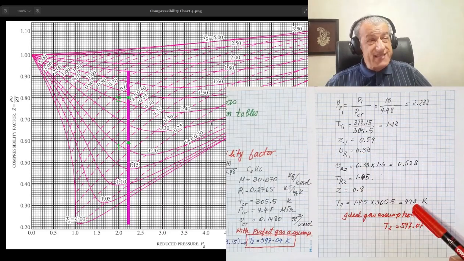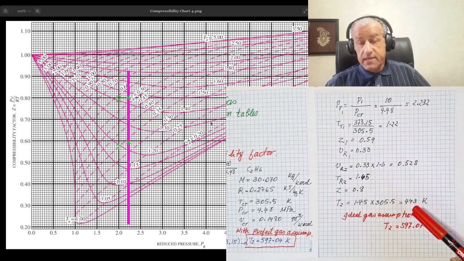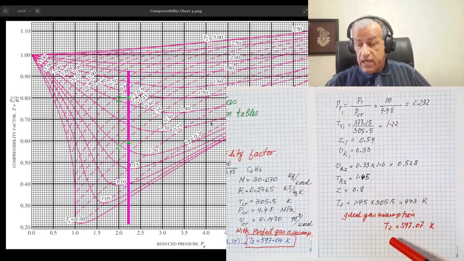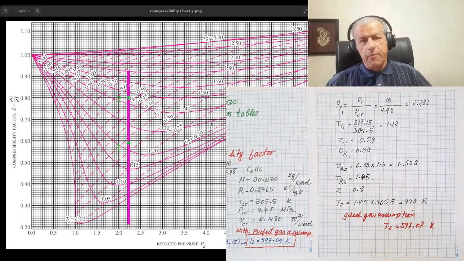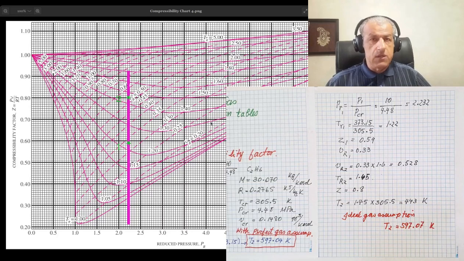So you expect something around 40% error, and 40% error between 443 K and 597 K. This is about 600 Kelvin versus 440, so 200 Kelvin error in this range would be something about 40% error, which our Z is taking care of.